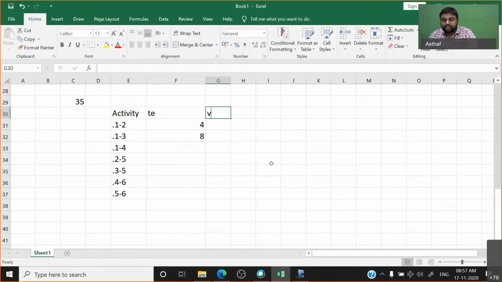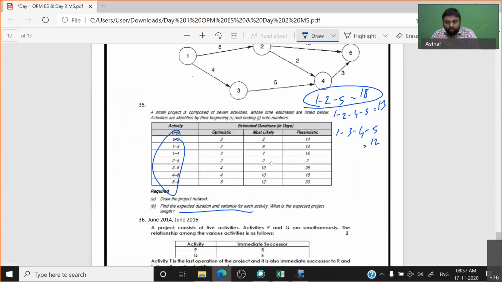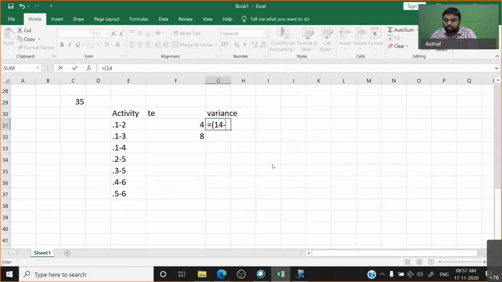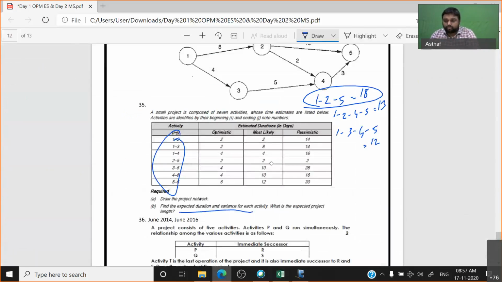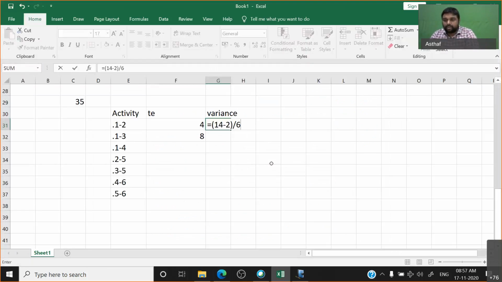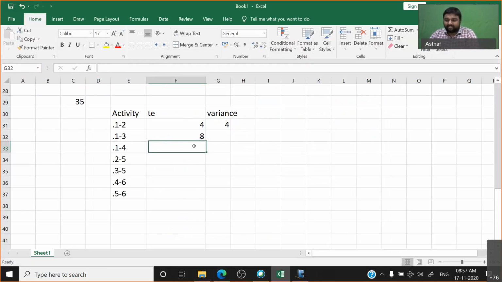How to find out variance? We already told the formula: P minus O, that is 14 minus 2, divided by 6, and we have to make the square. Like that you have to find out.